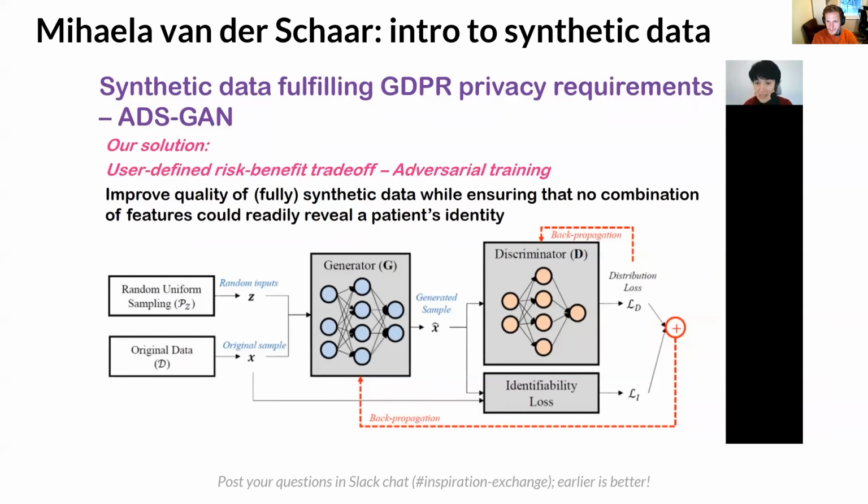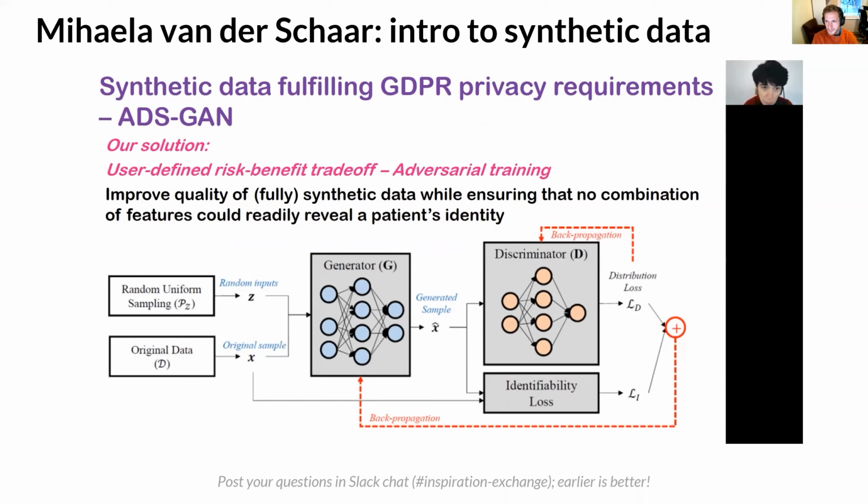One is a discriminator loss, which makes sure that the data is generated with high fidelity. The other is an identifiability loss, which makes sure that the data is generated with the desired amount of privacy as defined by GDPR. Then the data owner can select the best trade-off between privacy and fidelity.